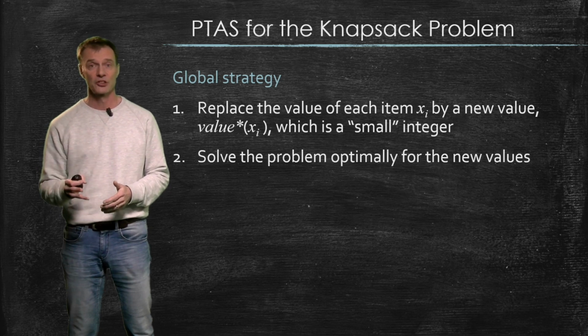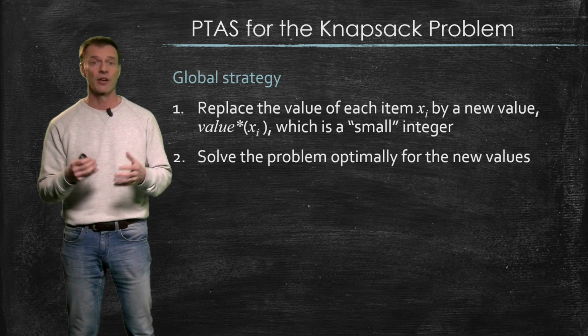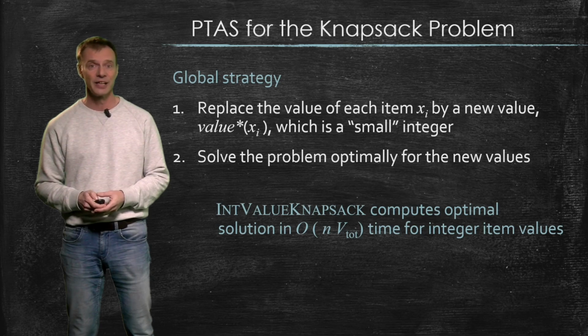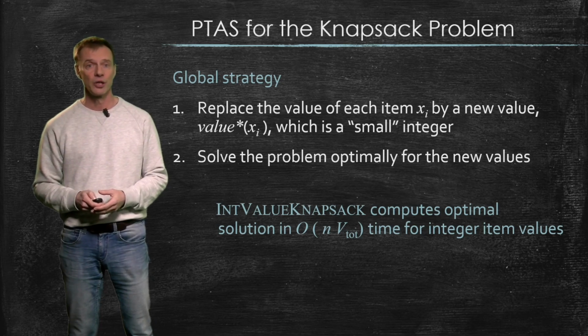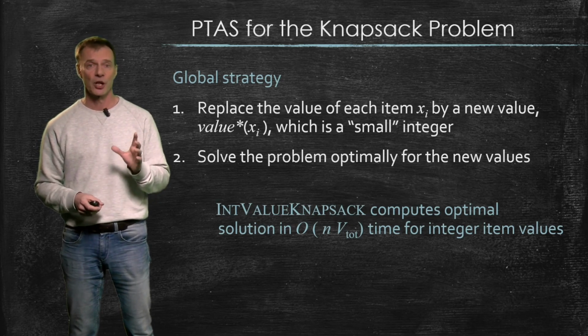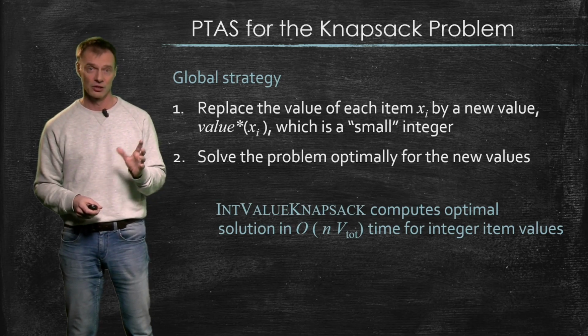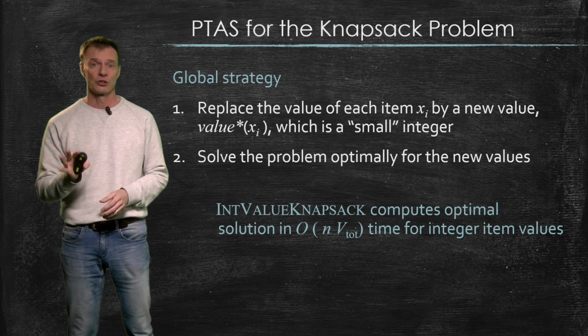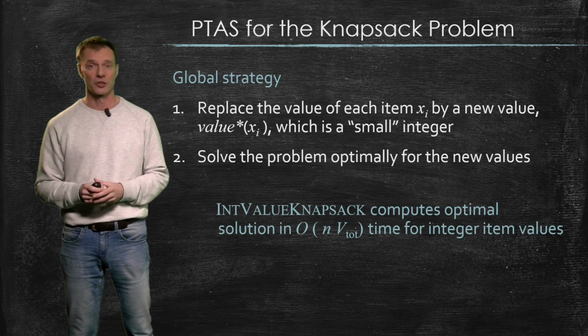Then in step 2, now we have an instance where all the values are integers. So what we can do is solve this problem exactly using the algorithm we derived in the previous lesson. Remember, this algorithm had a running time of n, the number of items, times the total value of all the items.